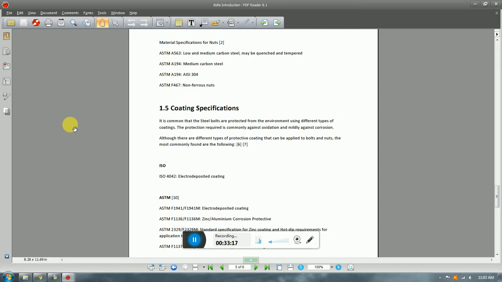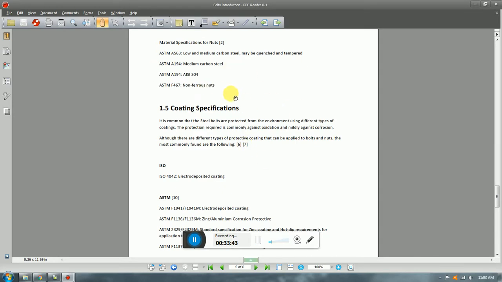This is a coating that they add, and that gives you the option to use steel bolts in environments where they could start corroding, rusting, because the rust is going to reduce the effectiveness of the bolt. You don't want that. It is really important that they don't rust. So you can use different options.